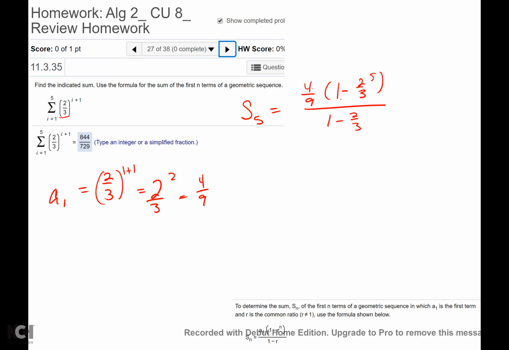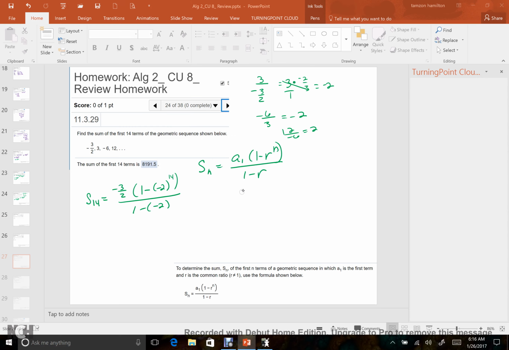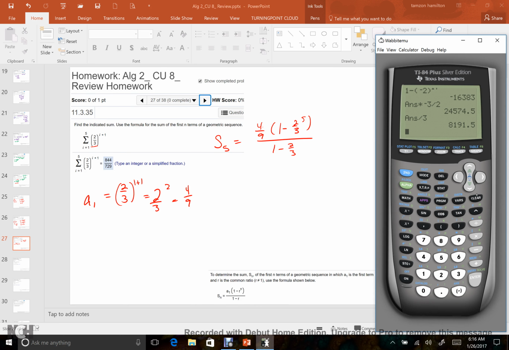Okay, now be very, very careful here. I better pull up my calculator. So, hold on. We're going to type 1 minus (2 divided by 3) caret 5. Enter. And then I'm going to multiply that by 4/9, so times 4 divided by 9.